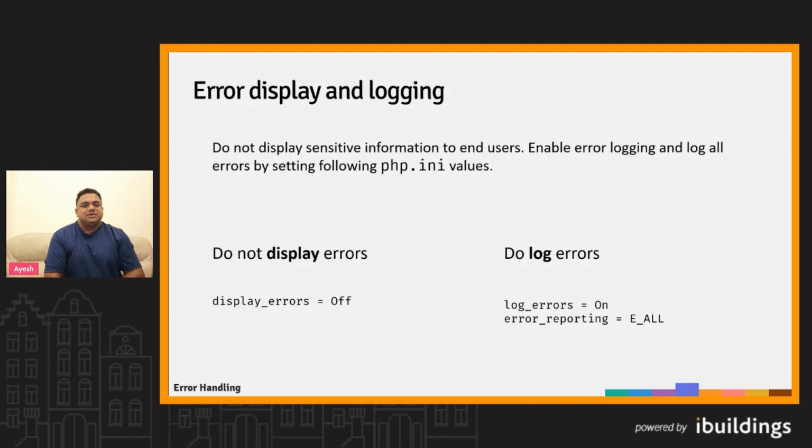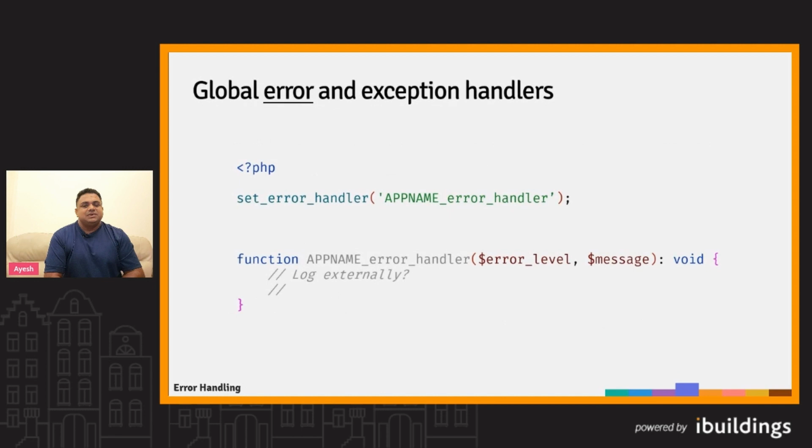So these are the basic error handling INI values for production servers. Don't think too much, go with them. You don't want to show errors, but you want to log every single error message. But also you can use what we call a global error handler. So using a call like this, you can say, I want to set an error handler.